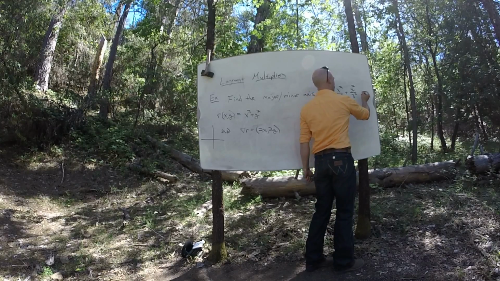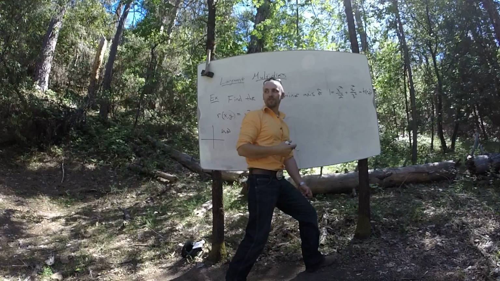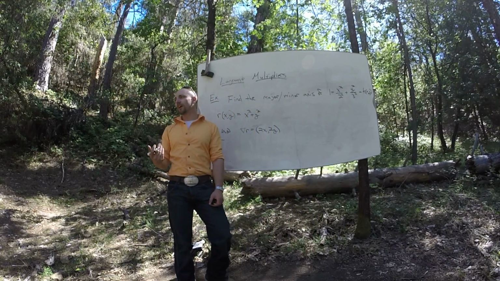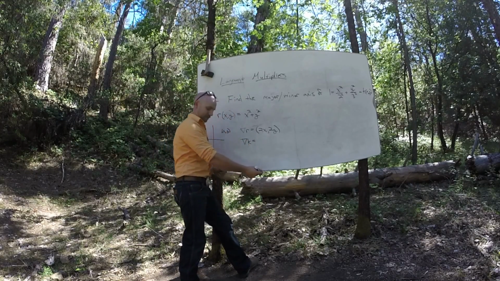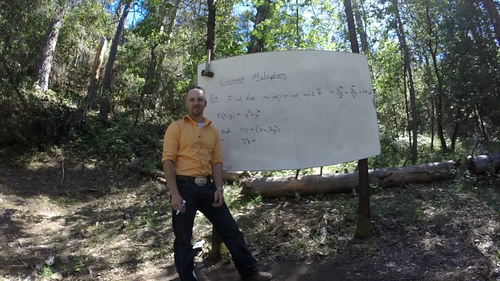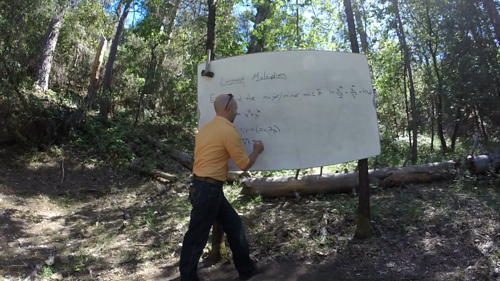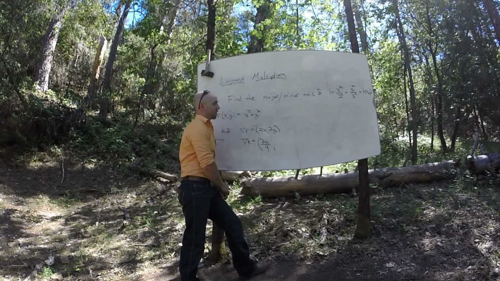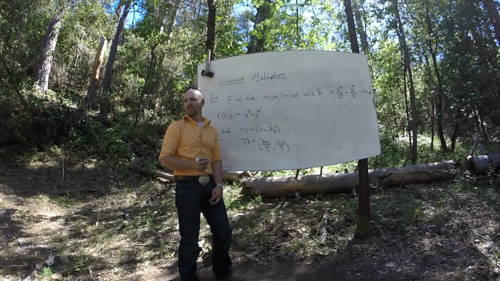Let me call the constraint k of x and y, or to match the notation I was using a second ago, I would call it g, right? So what's the gradient of k? It's 2x over 4 and 2y over 9, right?